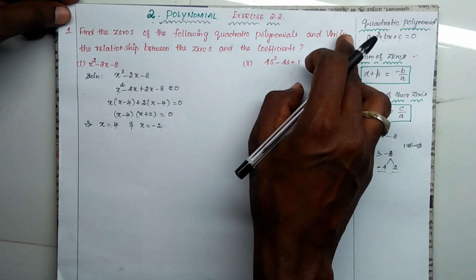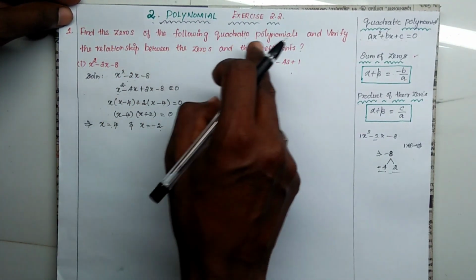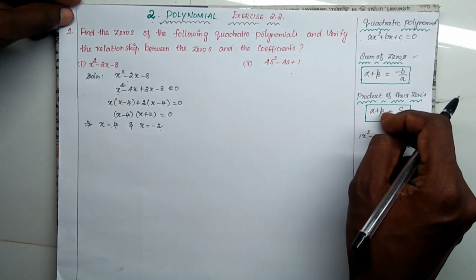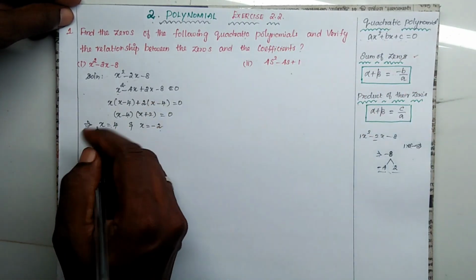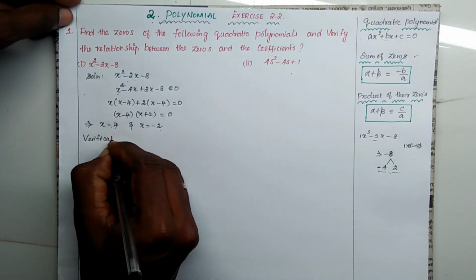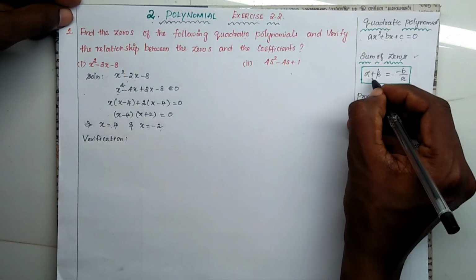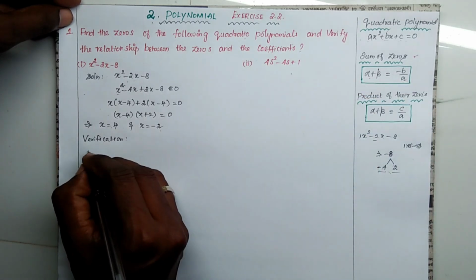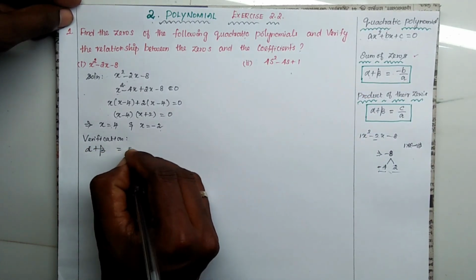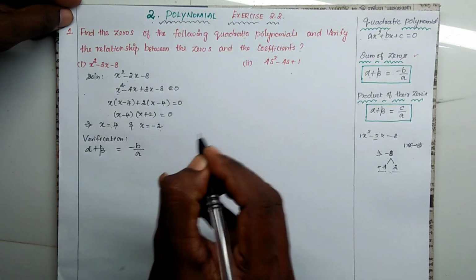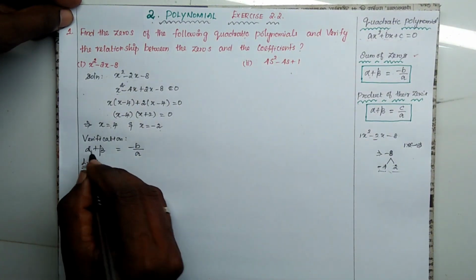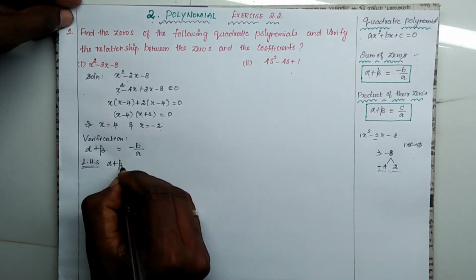Now we have to verify the relationship between zeros and coefficients. So verification: first we have to find the LHS. We write this verification: alpha plus beta is equal to minus b divided by a. Here the LHS is alpha plus beta.